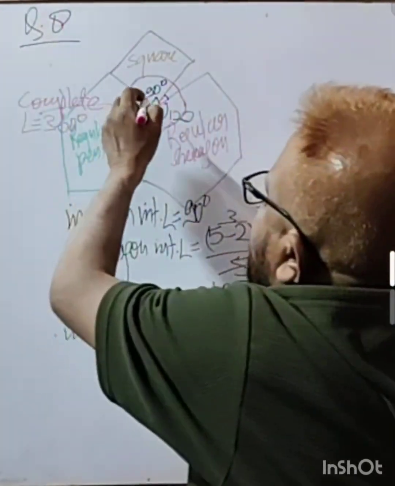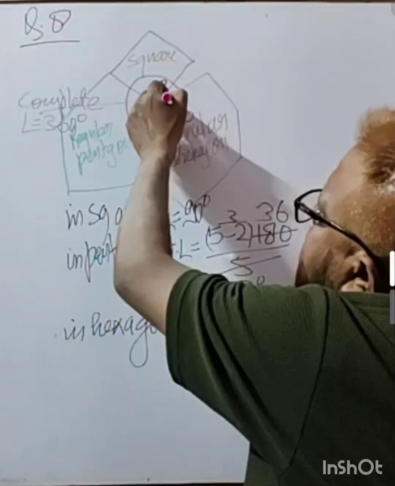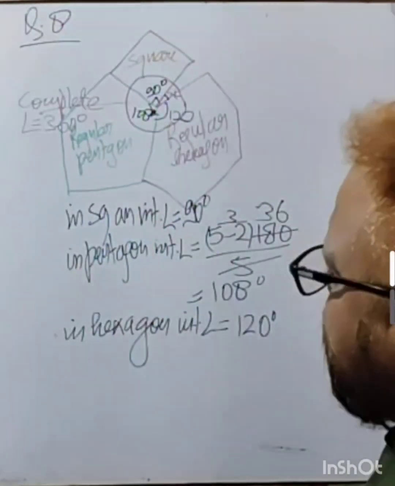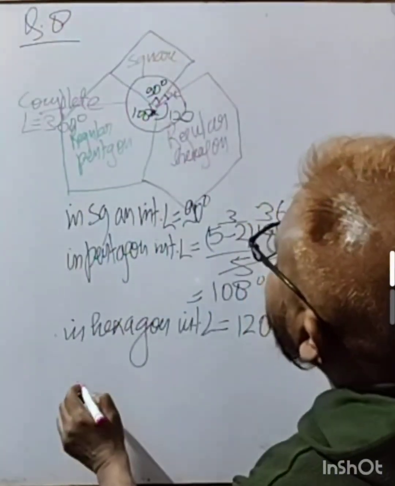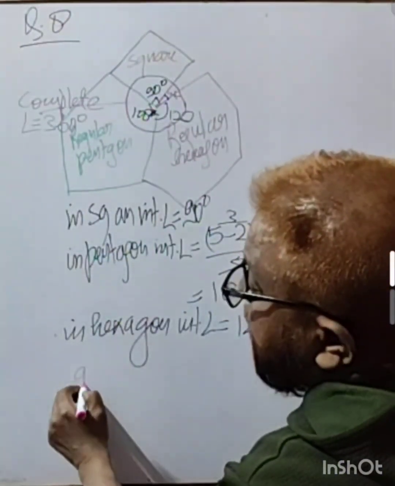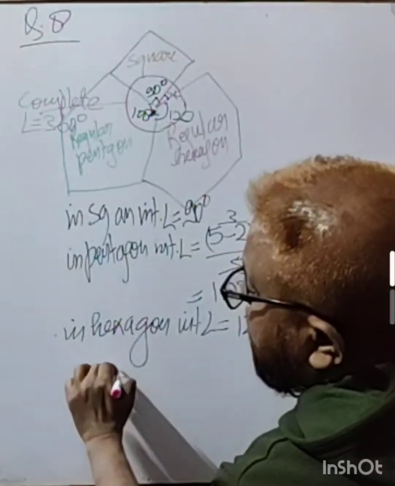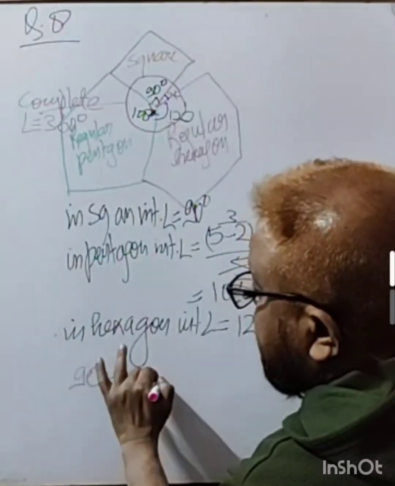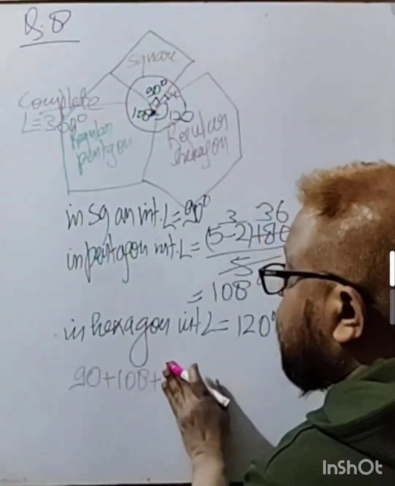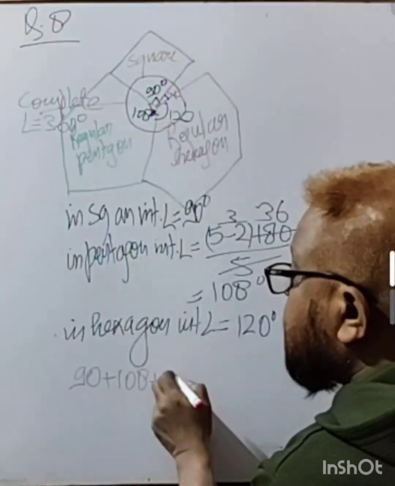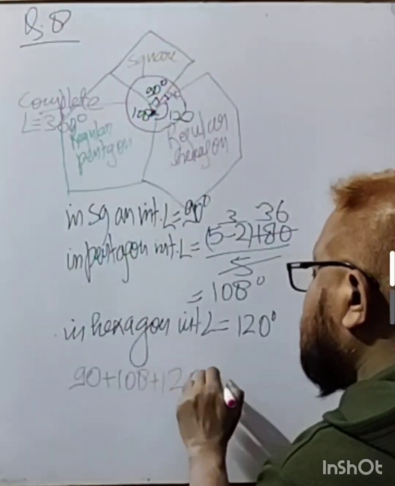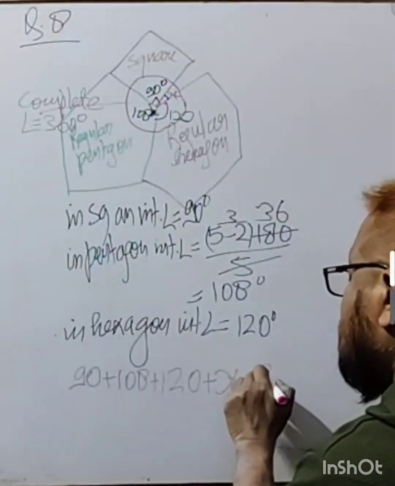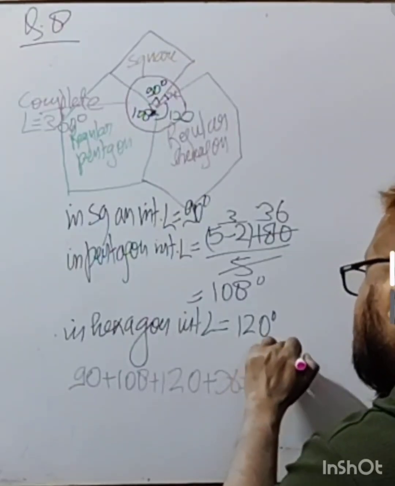Right? If we say this is x, then 90 plus 108 plus 120 plus x is equal to 360 degree.